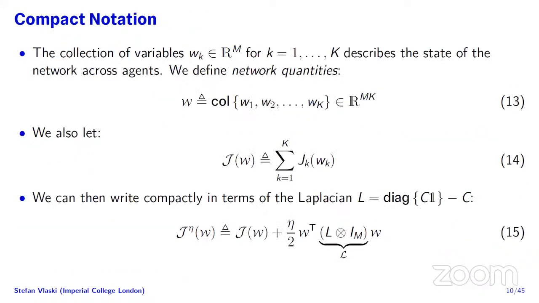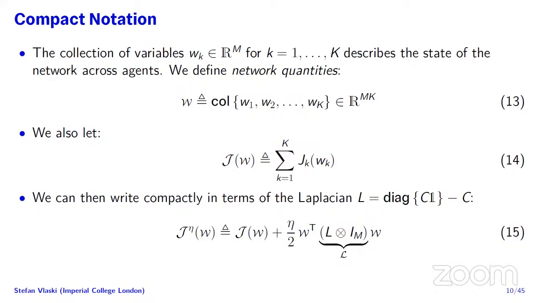Okay, so to get to an algorithm from this optimization problem, it will be useful to define some more compact notation. These w_k describe the state of the network across the entire set of agents, and so it will be convenient to summarize them into a single vector. We collect each of these individual weights into a single calligraphic W, which you obtain by just stacking all of the individual weights.